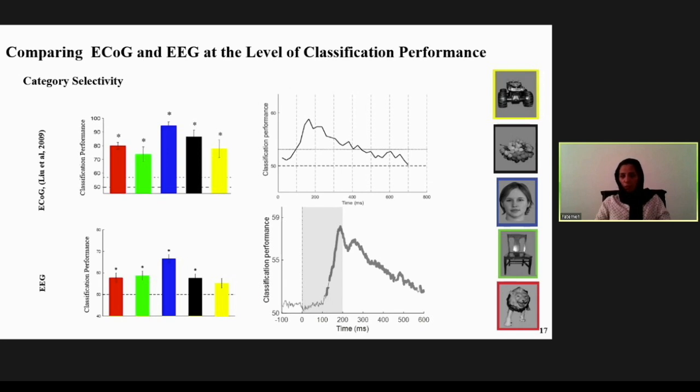The latencies and performance patterns for EEG and ECoG are compatible. According to this analysis, the human brain decodes category information as early as 100 milliseconds post-stimulus onset. The bar charts show the range of the classification performance for categories. For both modalities, the performance is higher for the face category.